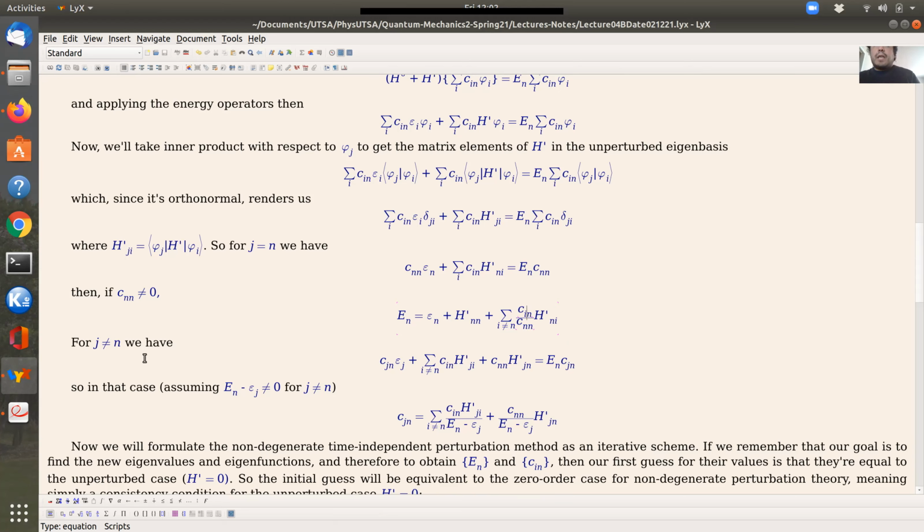Now, for the case j not equal to n, well, we'll have the other case in terms of the Dirac deltas, right? So we just have to plug in. And so basically we have C j n epsilon j plus the sum over all states not equal to n, C i n H prime j i, and then C n n H prime j n.